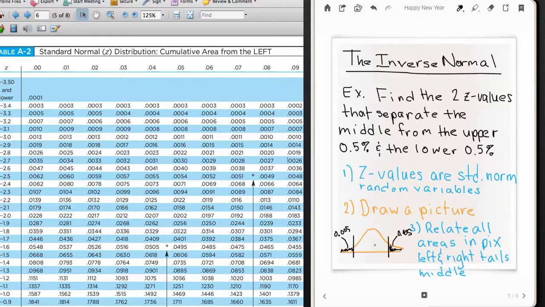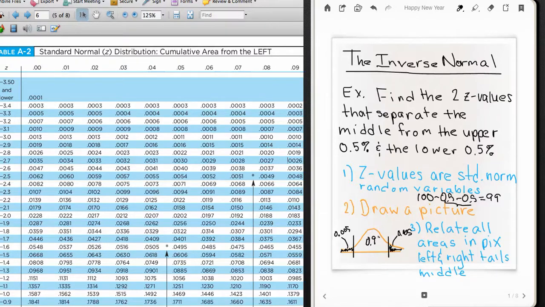Now, if you remember, the entire curve here is 100%. So if we have 100%, and we're taking away 0.5% and another 0.5%, this tells us that we have 1 whole percent here, so 100 minus 1 whole percent, which is 99% left. And that 99% is right here in the middle.